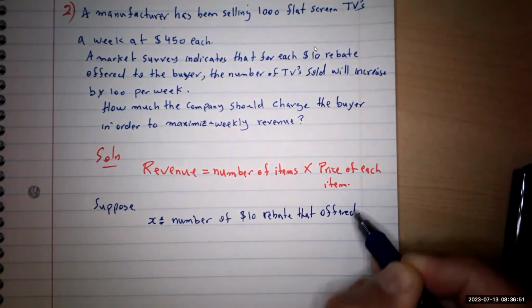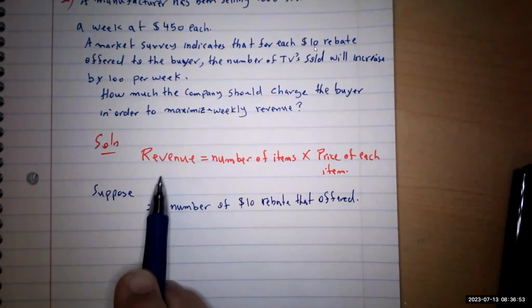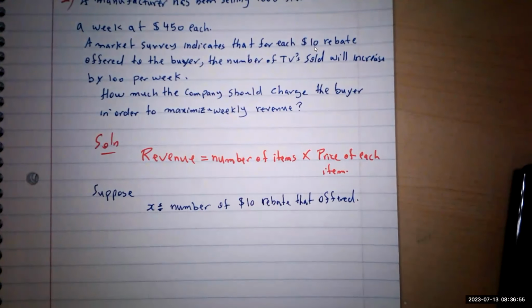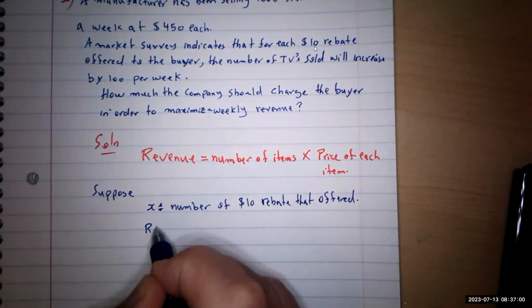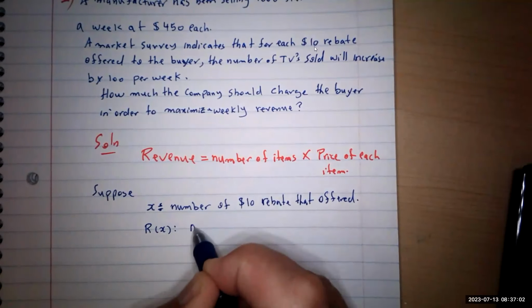So it's always the case. Now we are going to check this revenue again. We call it R of X, which is going to be your new revenue.